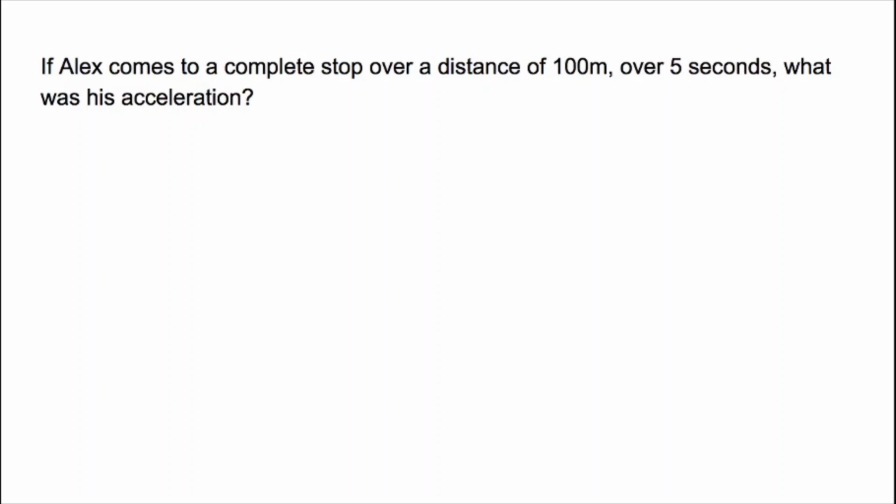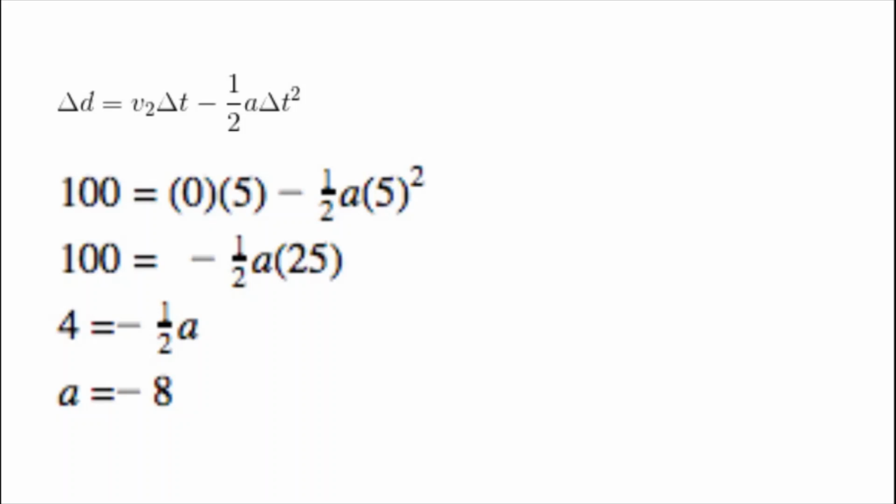Alright, next question. If Alex comes to a complete stop over a distance of 100 meters over 5 seconds, what was his acceleration during this time that caused him to stop? Okay, so we'll use the final equation, delta d equals v2 delta t minus 1/2 a delta t squared.